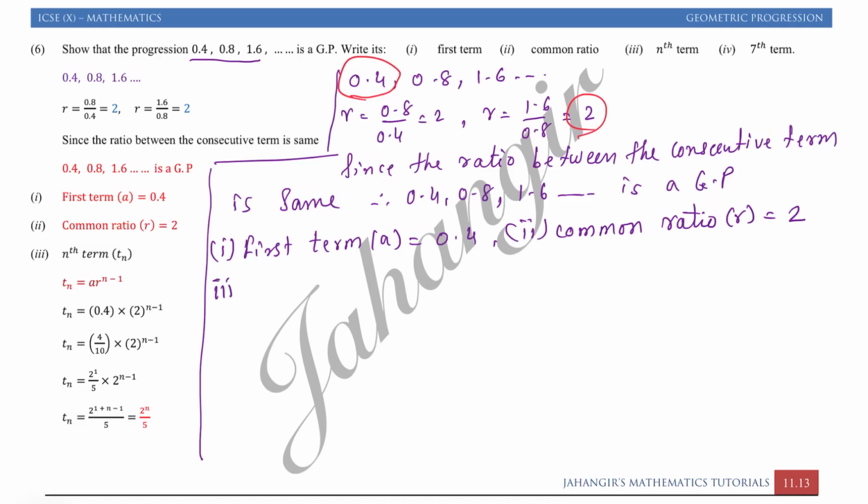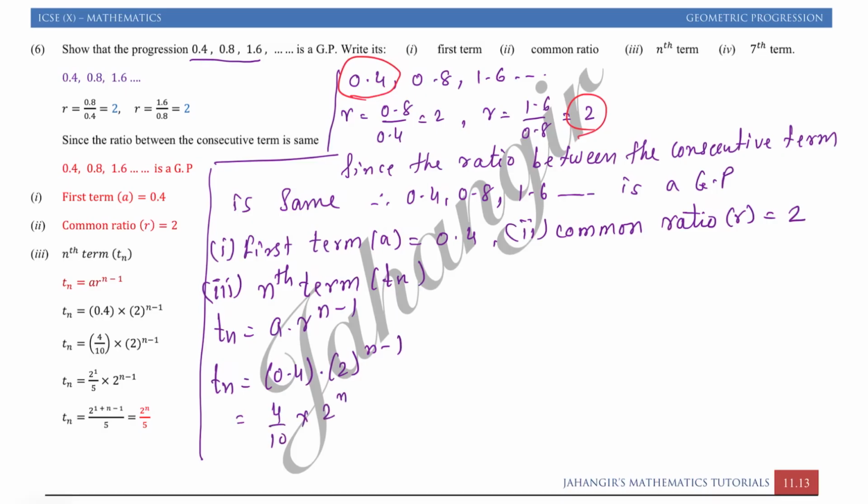Then third part, I have to find the nth term. Only this third part seems to be a little difficult for you, but otherwise the rest is all very easy. Nth term Tn can be written as Tn is equal to a into r raised to n minus 1. So I can write Tn as a is 0.4 into r is 2 raised to n minus 1. So 0.4 I can write 4 by 10 into 2 raised to n minus 1. 4 by 10 I can write 2 by 5 into 2 raised to n minus 1.